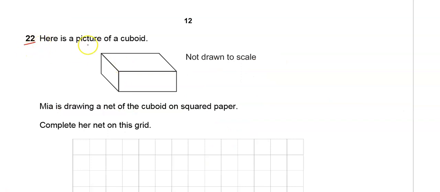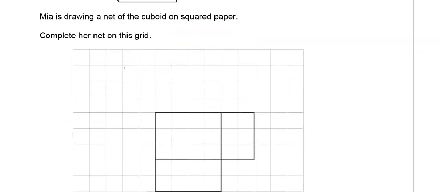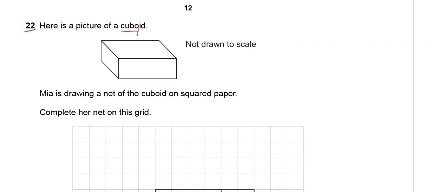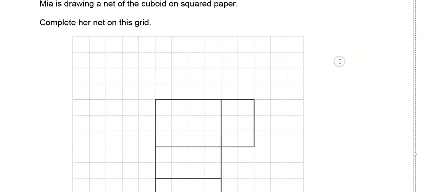Question number 22. Here is a picture of a cuboid, not drawn to scale. Mia is drawing a net of the cuboid on squared paper. Complete the net on this grid. A cuboid has got 6 sides: 1, 2, 3, 4 on this side, then 5 from the bottom, and then from the other side 6. So 6 surfaces or faces.